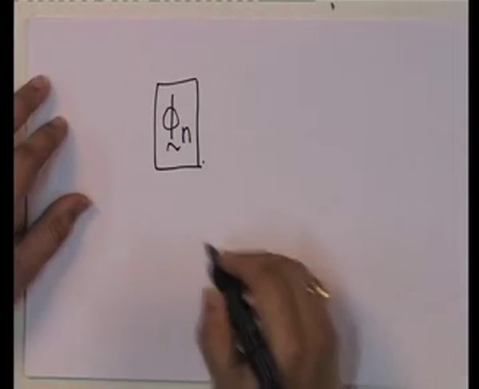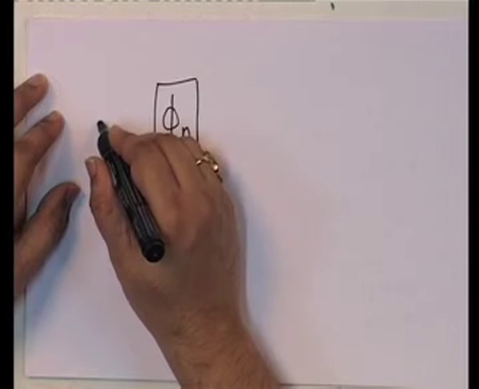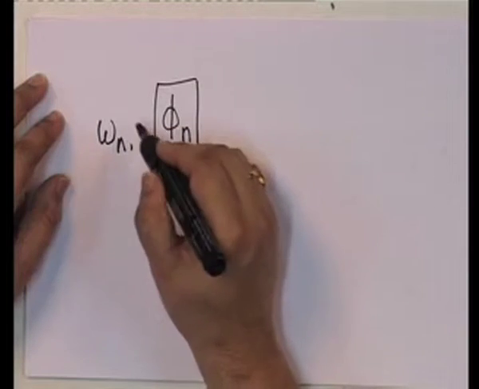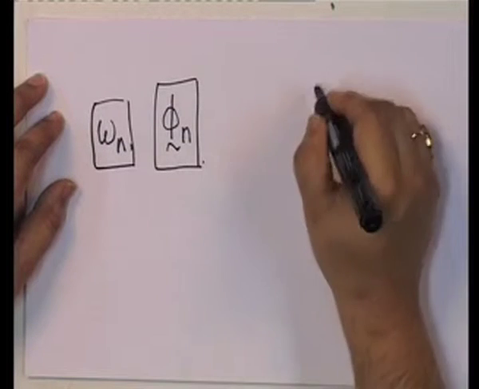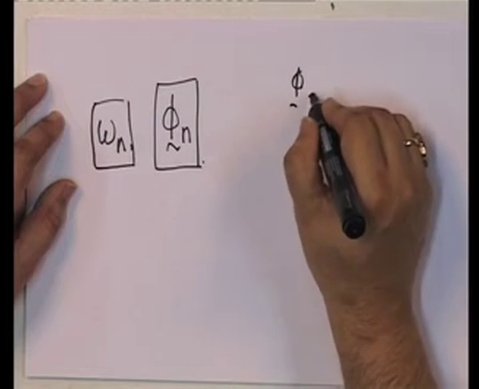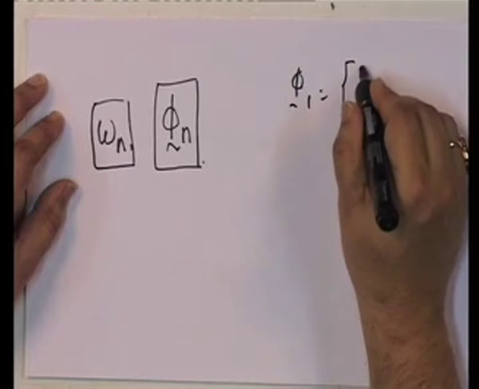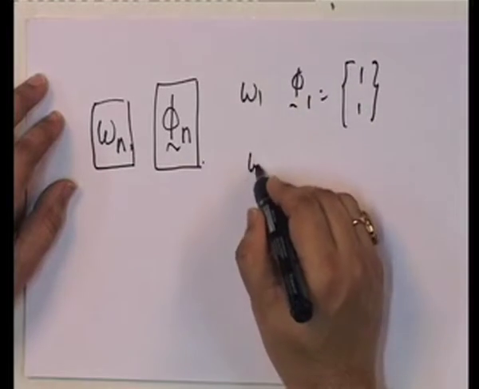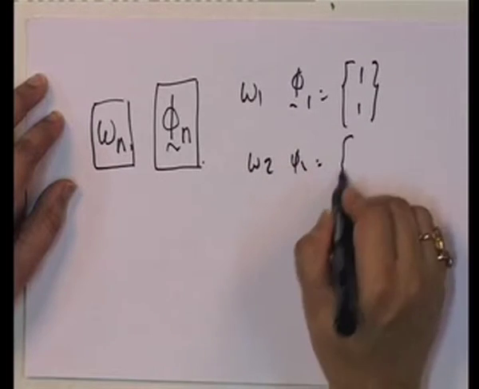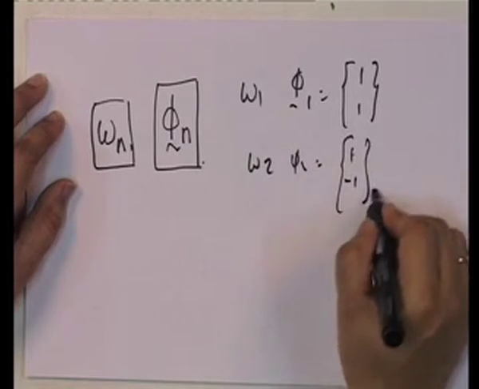As I said yesterday, remember phi 1, 1, 1, the lower mode, and phi 2, omega 2, the higher mode.